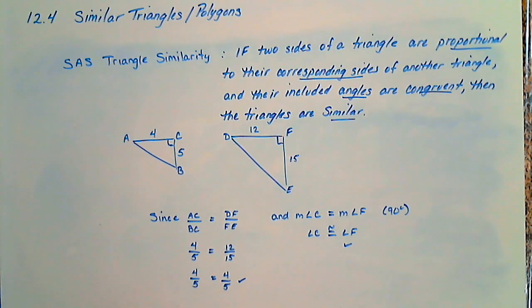Therefore, triangle ABC is indeed similar to triangle DEF by side angle side similarity.